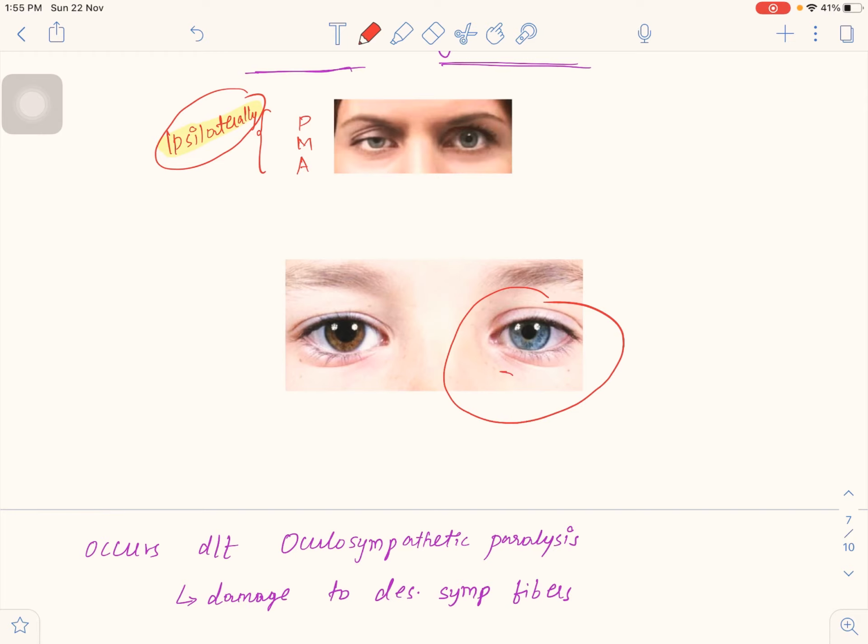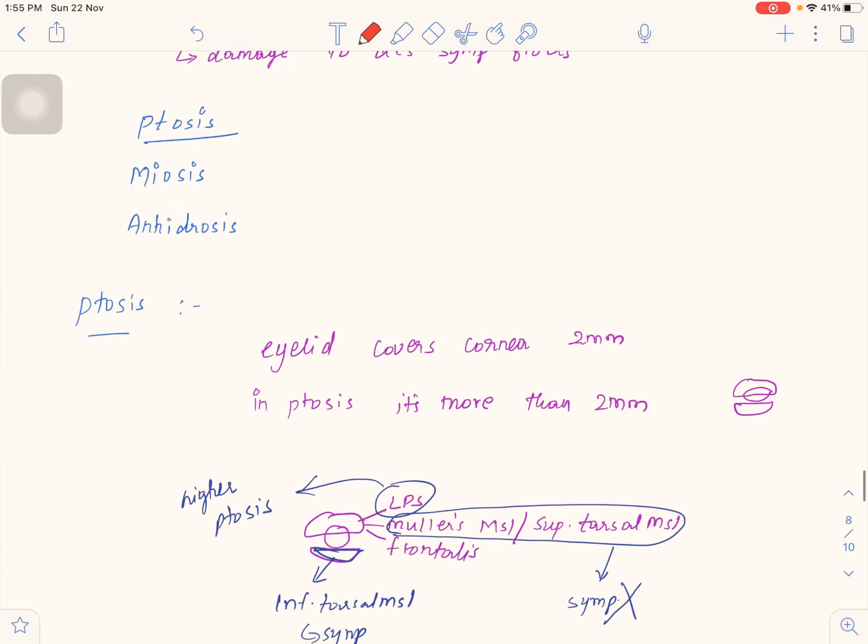You can see this heterochromia. The color is different, and along with ptosis, meiosis, and anhidrosis, we can see heterochromia. So if this picture is given in the exam and a question is asked, first we have to see the light colored iris of the eye that is having the Horner syndrome.